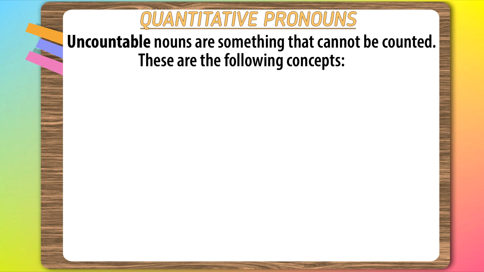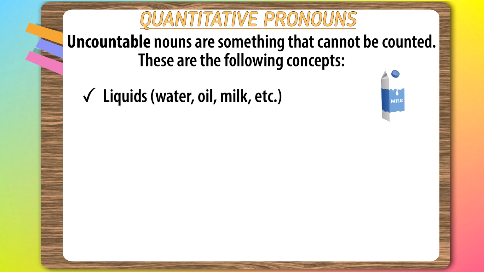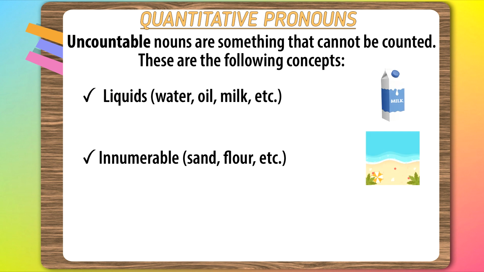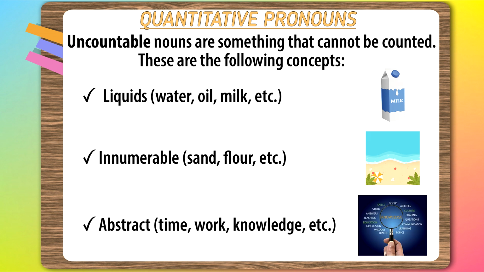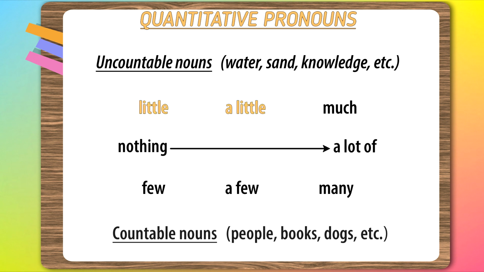Uncountable nouns are something that cannot be counted. These are the following concepts: liquids, such as water, oil and milk; innumerable, sand and flour; and abstract, time, work, knowledge, etc. The scheme will best help understand how to properly use such pronouns for uncountable and countable nouns.